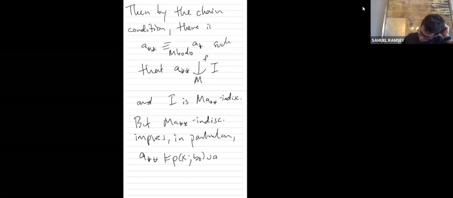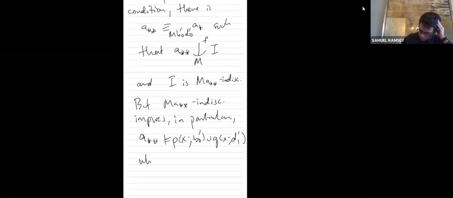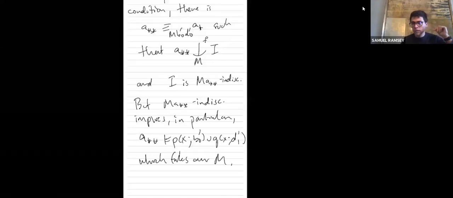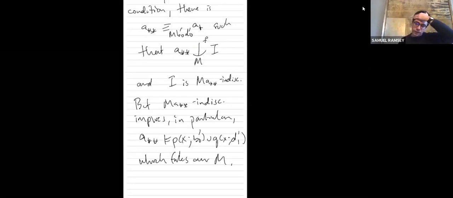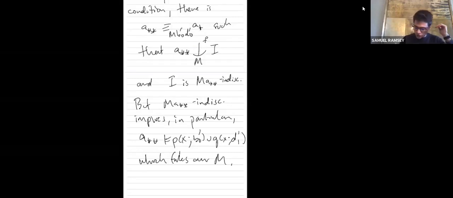B0 union Q, sorry, b prime 0, and these should have primes, sorry, and d prime 1, which forks over M. So you violate the chain condition.